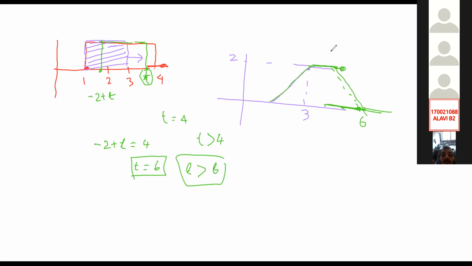That flat region comes from the fact that complete overlap is maintained for a certain time. Then when your impulse response is going past your signal, your output will gradually decrease, and when it has completely left, the output will be equal to 0. So in this way, figuratively, you can determine the output of the system.